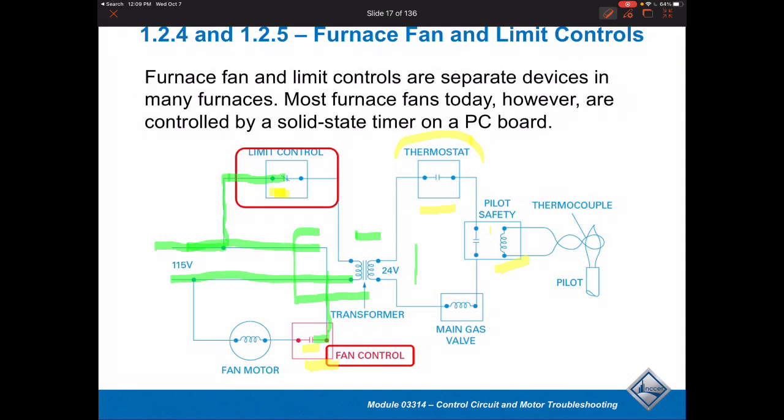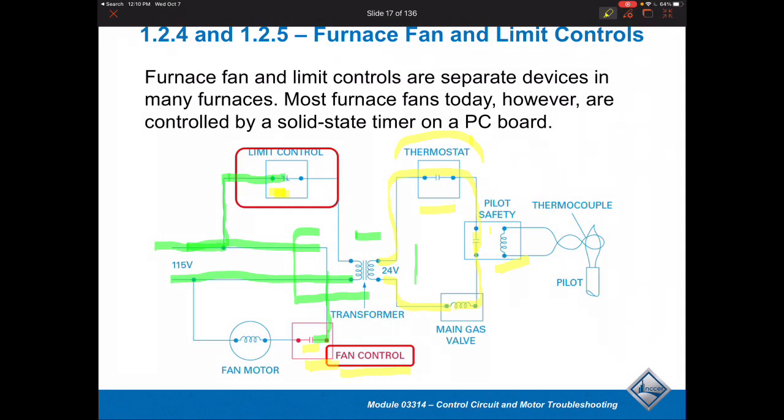Now, in a properly operating system, what we would expect to have happen is, after a certain amount of time after you energize, you have a heating demand, the safety is closed, we have the main gas valve energized, we're expecting heat to be going on, and we're heating the heat exchanger. And we would expect that fan control to be doing its job.